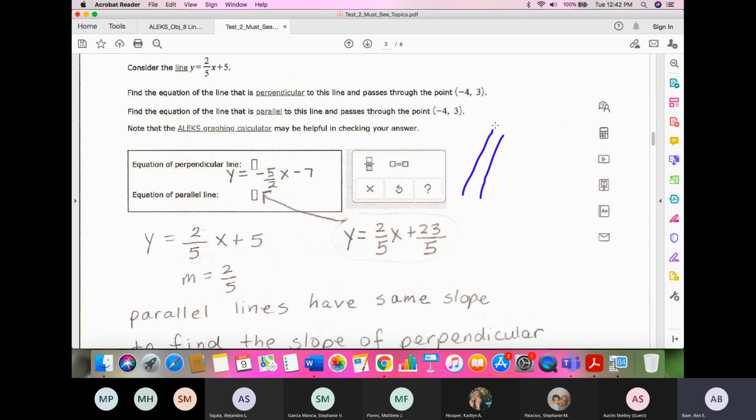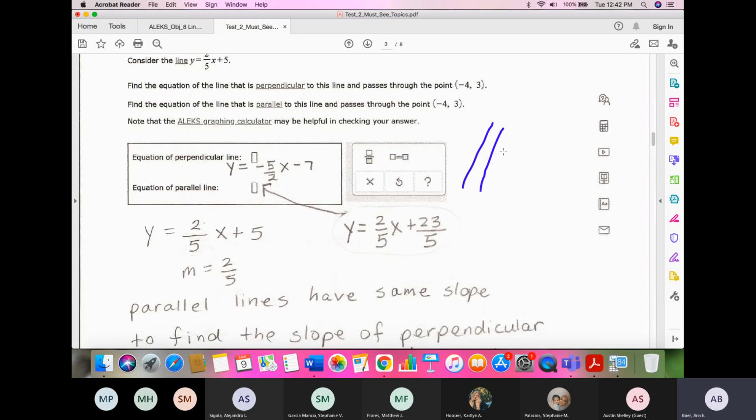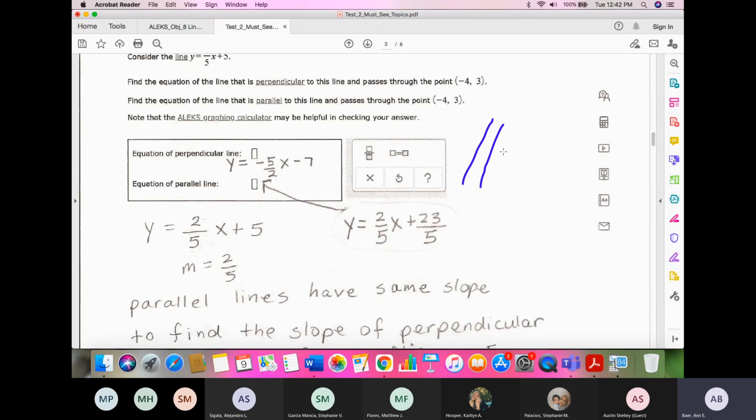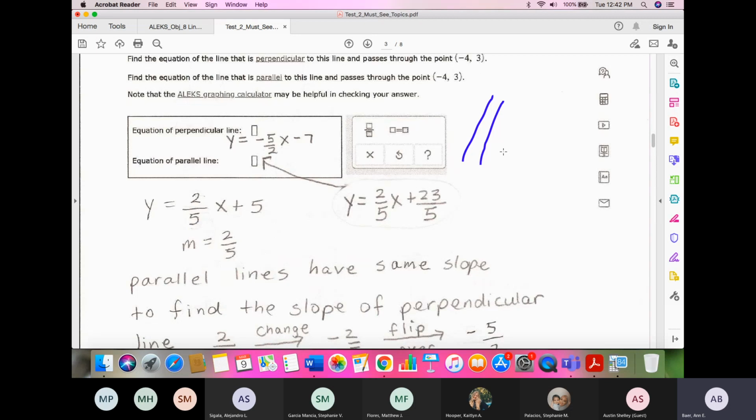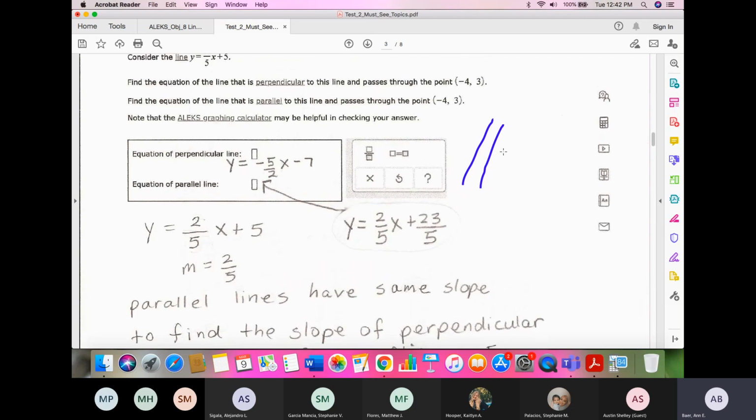Parallel lines have the same steepness and therefore the same slope, because slope is a measure of steepness, or you could call it a measure of grade, like driving up a mountain. There's a certain grade involved. So parallel lines have the same slope. To get the slope of a perpendicular line, you want to change the sign and flip it over.